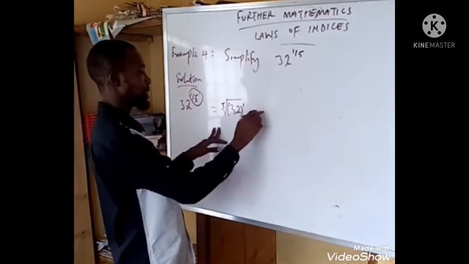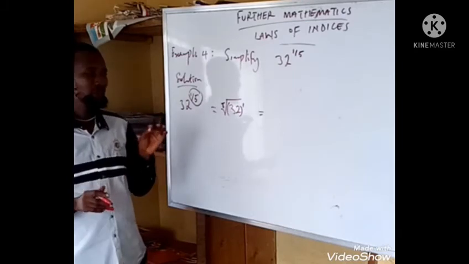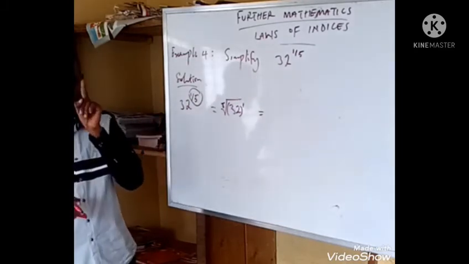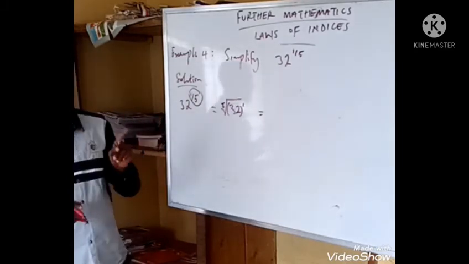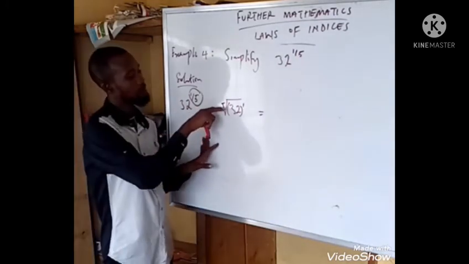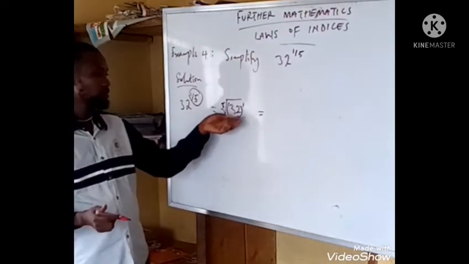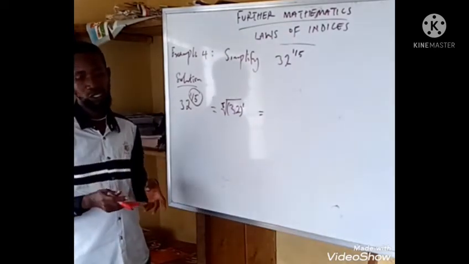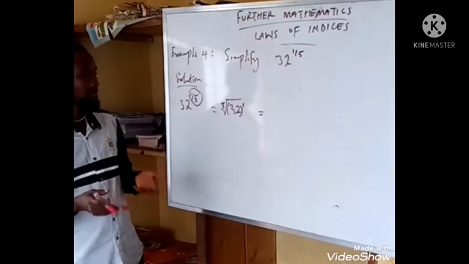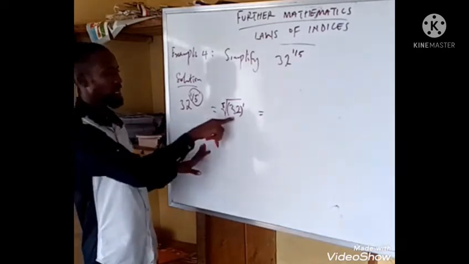And solving this means, to find the fifth root of 32, we should produce one number that when it is repeated this number of times, it's going to give 32. And doing this involves what is called trial and error. And what is trial and error? We just continue trying until we get this value of 32.